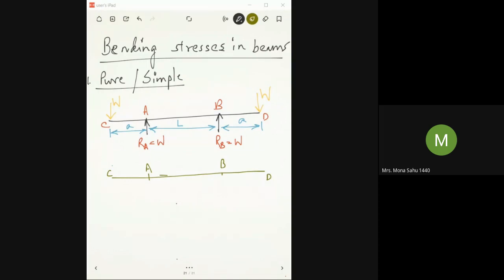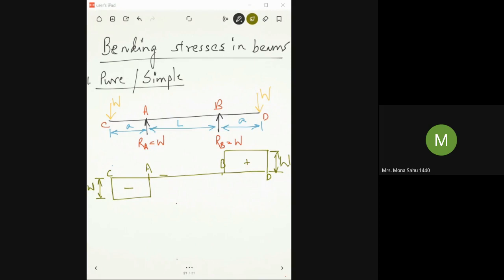Okay. And this is going to be your SFD diagram. Positive, negative. This length is W. All right, this length is also W.